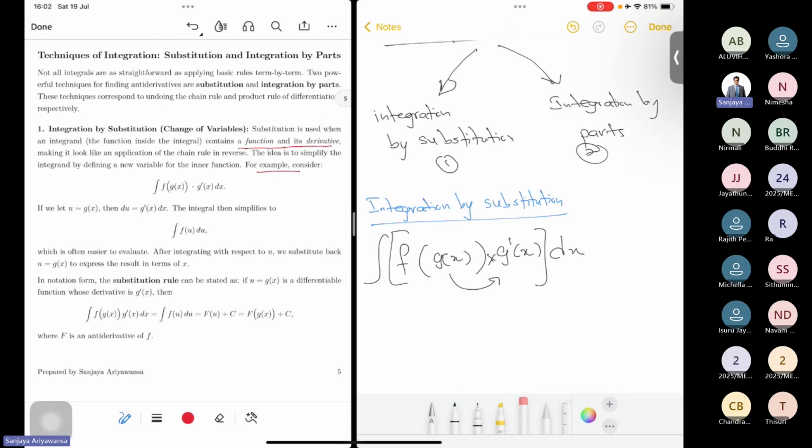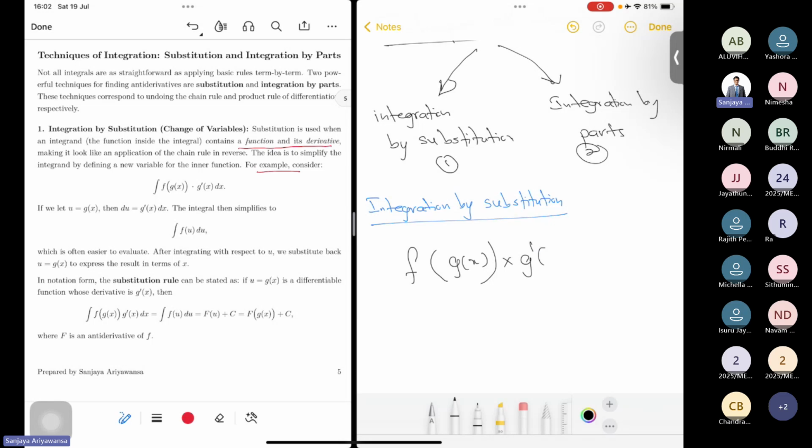So what did I say? Let me say that again, the whole thing again. You have a function f. Within that function, you have another function g(x). And interestingly, this is multiplied by the derivative of g(x). And you are asked to find the integral or the antiderivative of this.